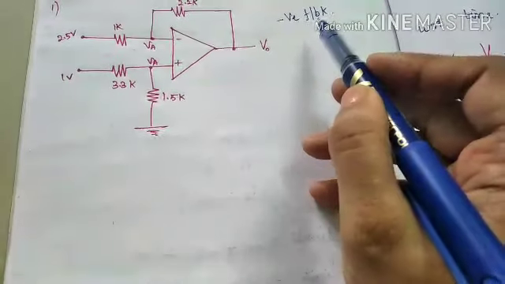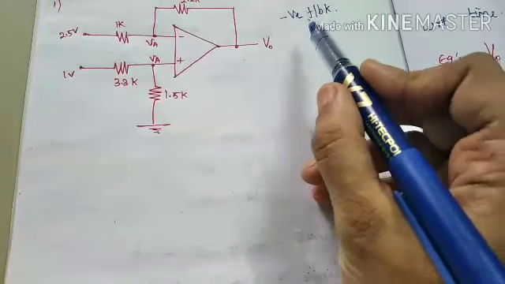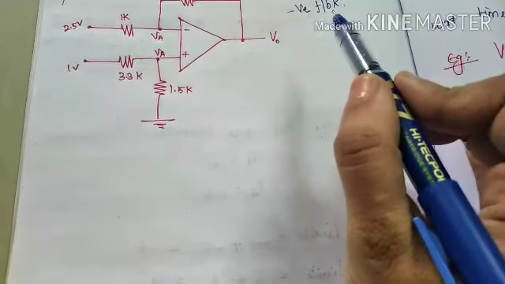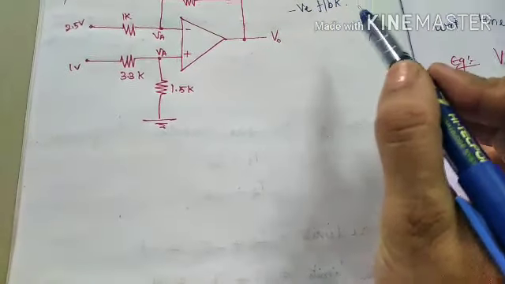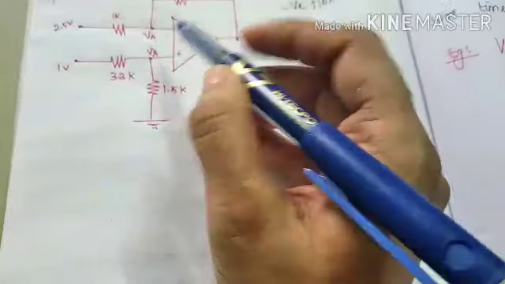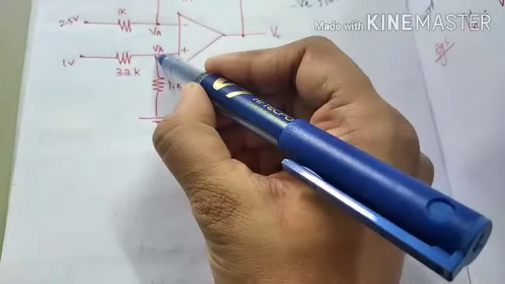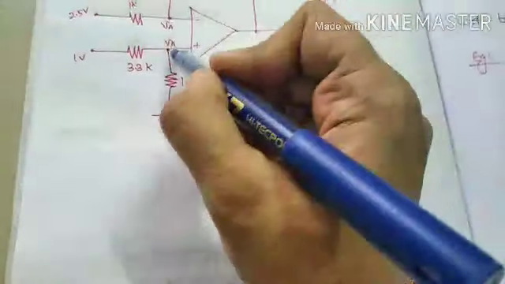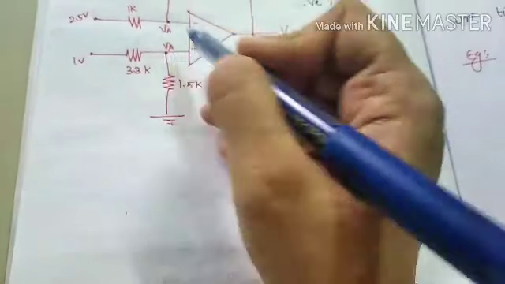Here we are having negative feedback. While having negative feedback, we have to consider the concept of virtual ground. What is meant by virtual ground? Here we are having the value VA, but we should consider this other point is also VA.